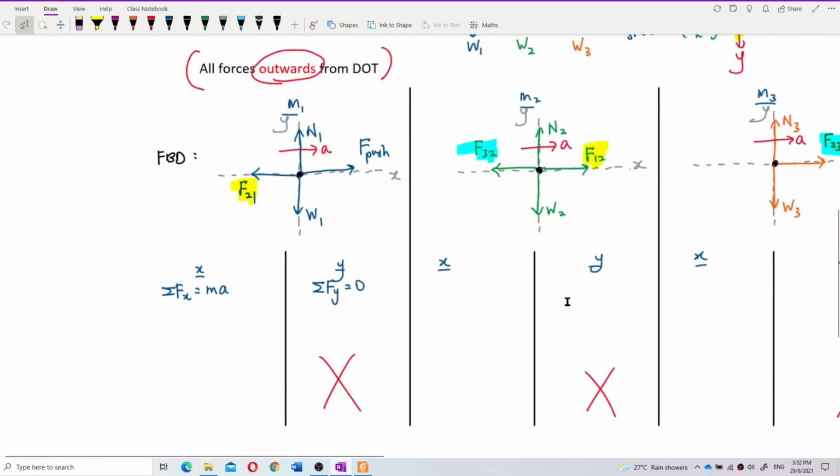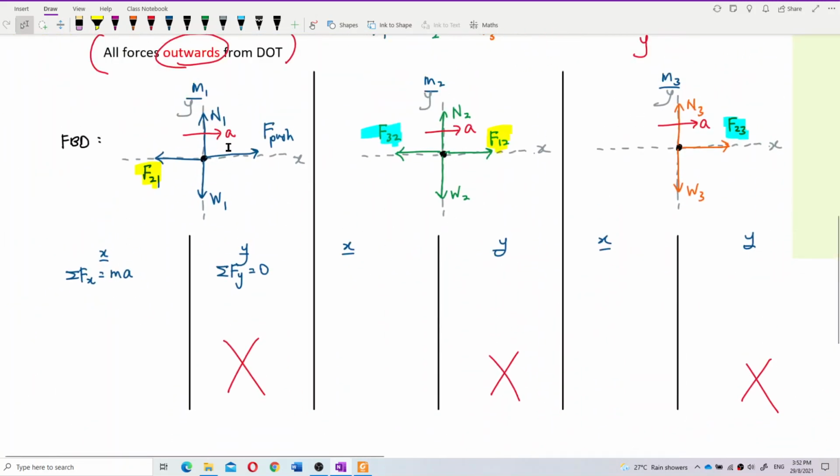So look at this one. For the x component, the acceleration is to the right. So forces to the right are positive, and forces to the left are negative. Following the acceleration is positive, opposite is negative. Now we write it down.